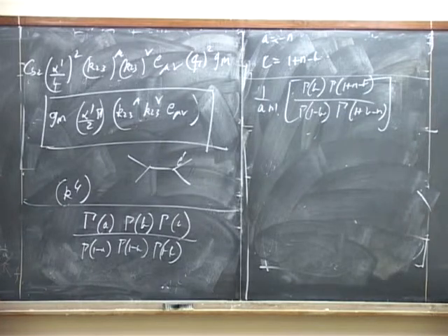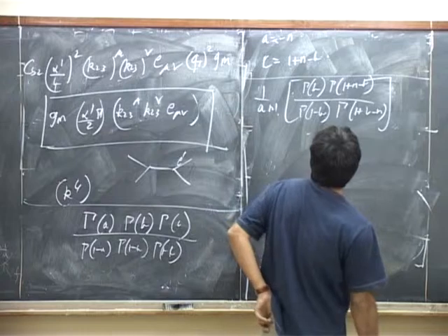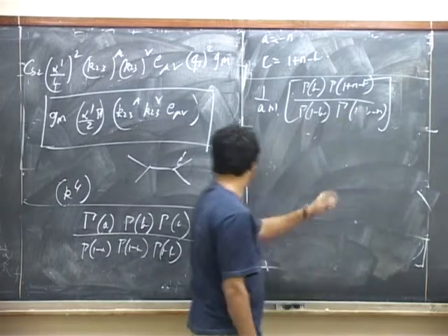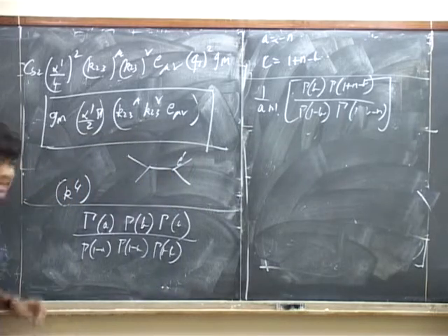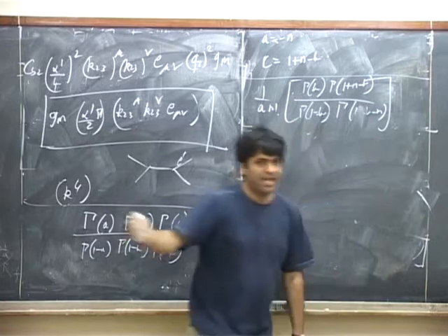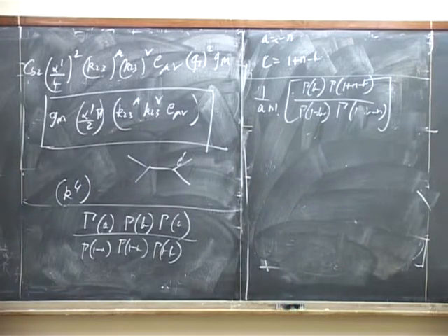Now when n was equal to 0, this cancelled this, and we were very happy. Okay? But when n is not equal to 0, we don't have perfect cancellation.